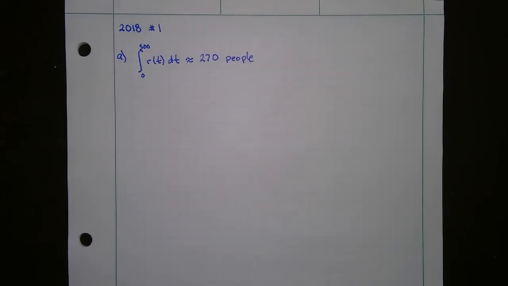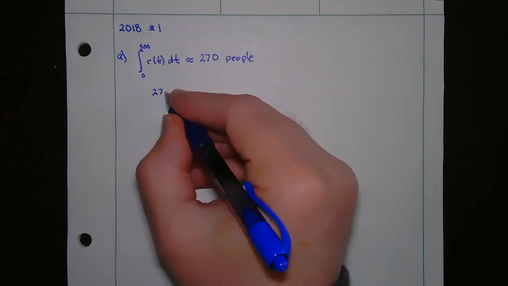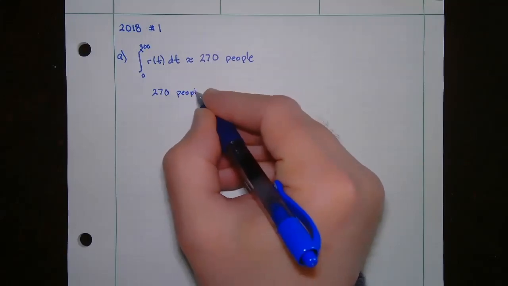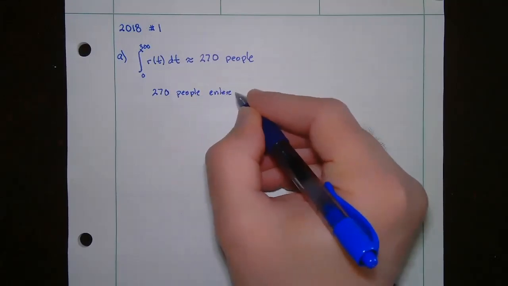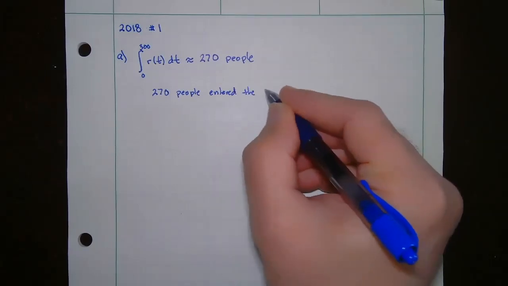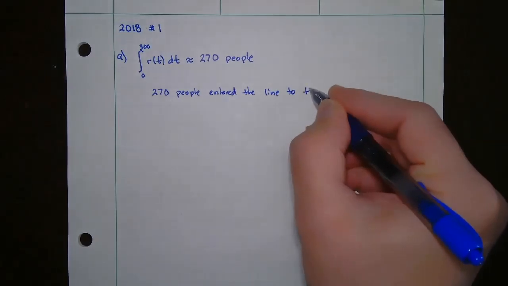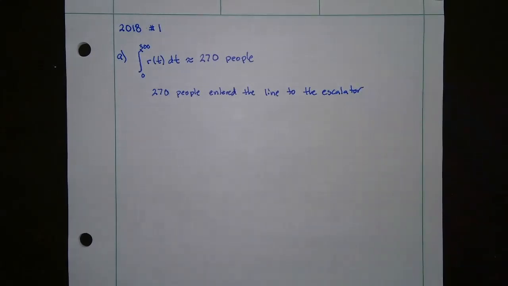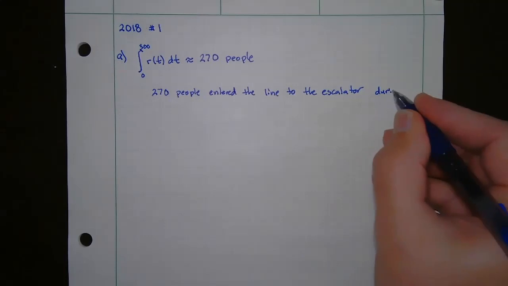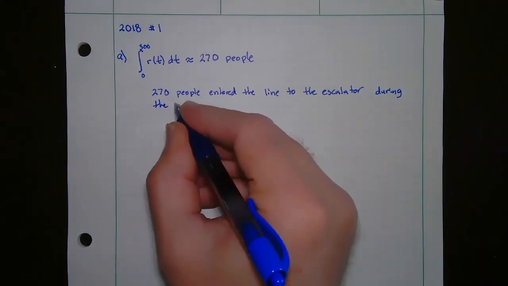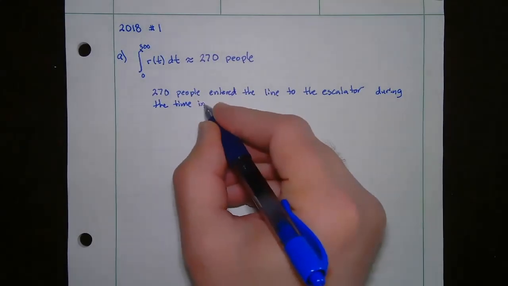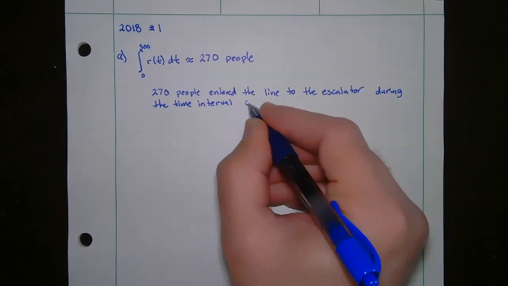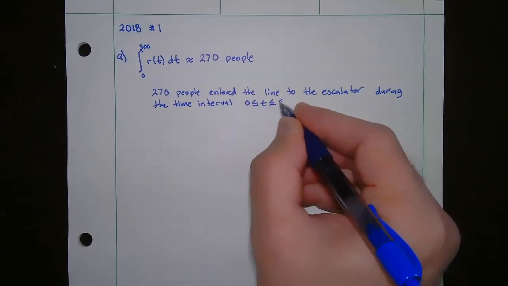Let's go ahead and write a statement for this. 270 people entered the line to the escalator during the time interval 0 less than or equal to t less than or equal to 300.